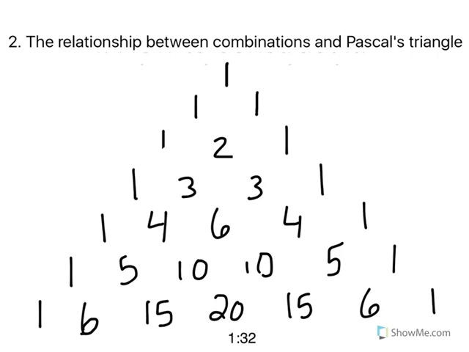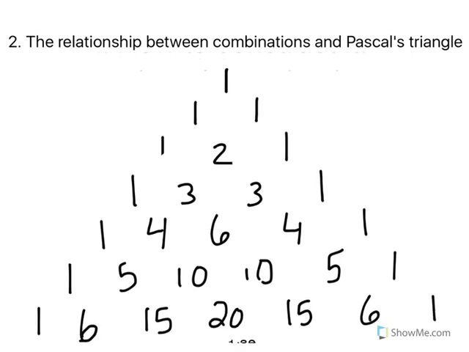Next, we're going to take a look at how the relationship between combinations and Pascal's triangle can be used. First, you need to understand that the first row is represented by 0. So we don't start by saying 1. We say that this is row 0.